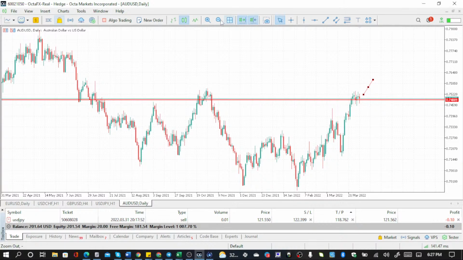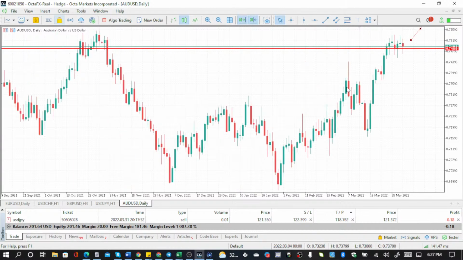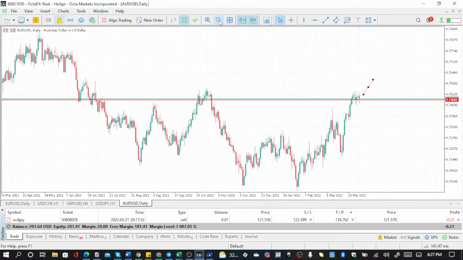Fantastic. Look at what's happening. Can you see? This is very interesting and it's making it clear. Now look at what is going on at this level. That tells you this level is very significant.